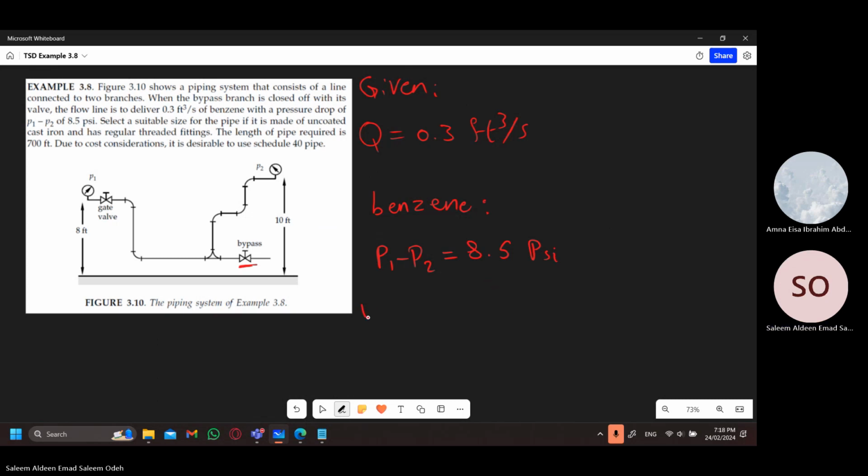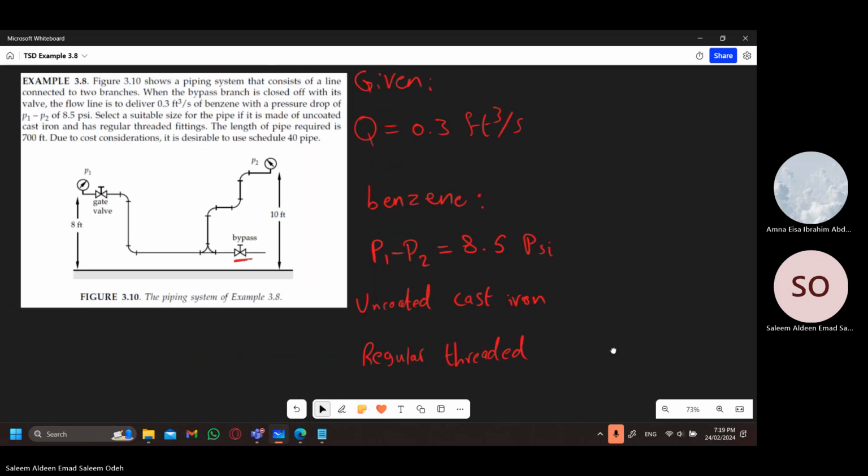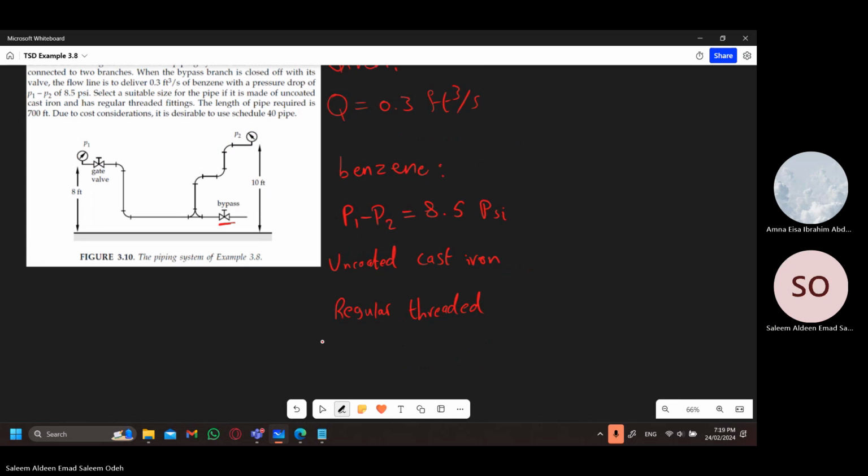They told us the material. They told us the connections of the pipes. They also gave us the maximum allowable length. And they also told us that they desire the pipes to be Schedule 40. Now they didn't give us a nominal diameter, so it is assumed that we must find the diameter ourselves.